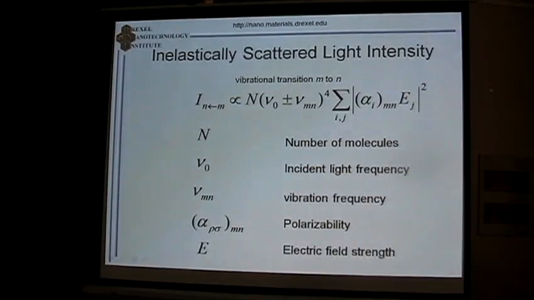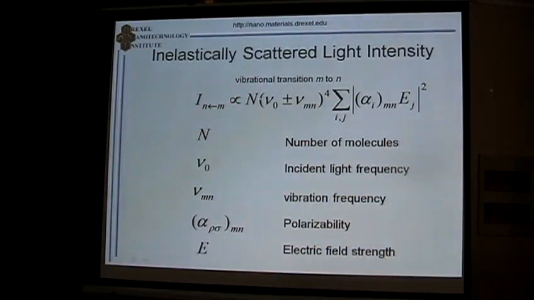Venkata Raman had probably very good eyes that he was able to detect this type of changes. But in Raman spectroscopy, a lot of effort is directed towards increasing the intensity of the signal. And if you look at this equation, you will see all possible ways to increase the intensity.